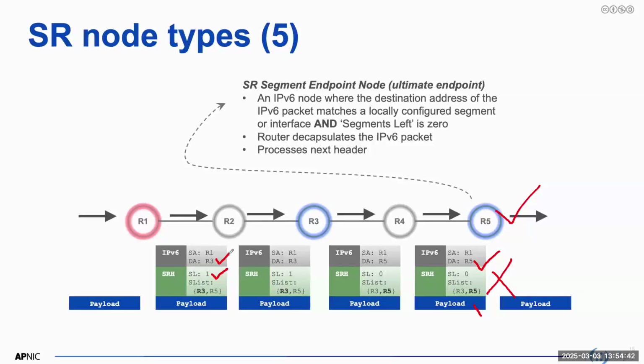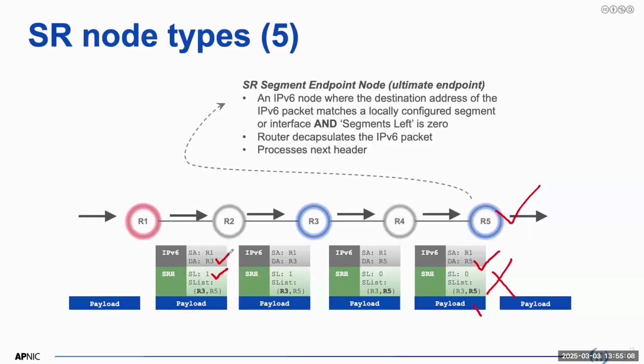In order to create it, it needs to know how many different segments it needs to travel or put in the list. Then it gives you the length of the list as well. So the length of the list is n-1, the total number of segments minus 1, and then it puts the first segment into the destination address and forwards the packet.